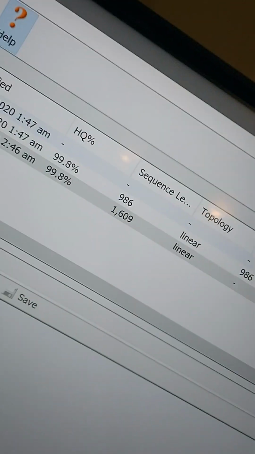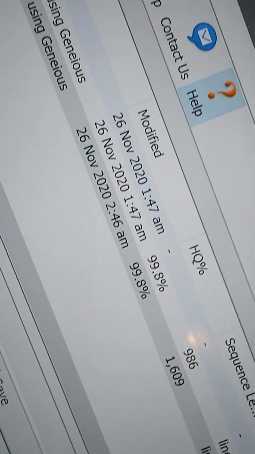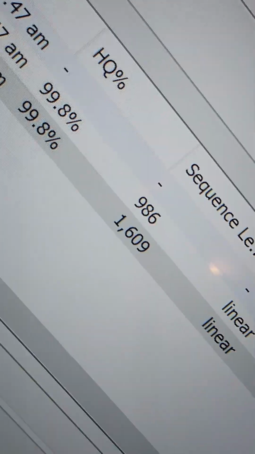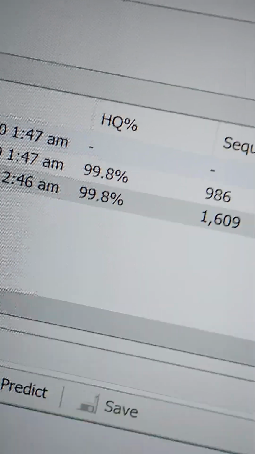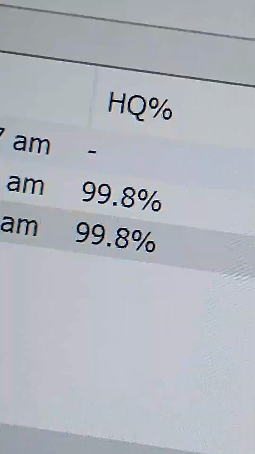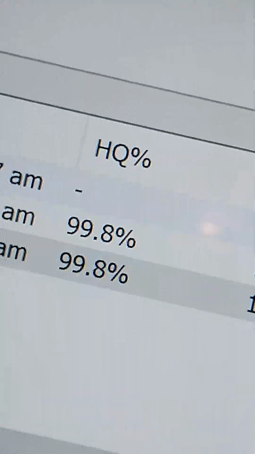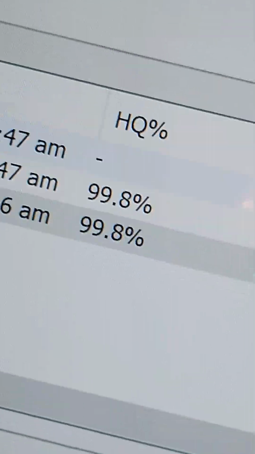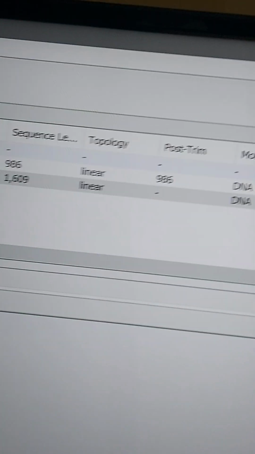And that makes your sequences much higher quality. So actually, my sequences, when using Geneious, created a 99.8% high quality, which is some of the best. I'm not saying I'm the best, but it's some of the best I've seen, and it's very good, at least for this experiment. I was not expecting it to be 99.8% high quality.